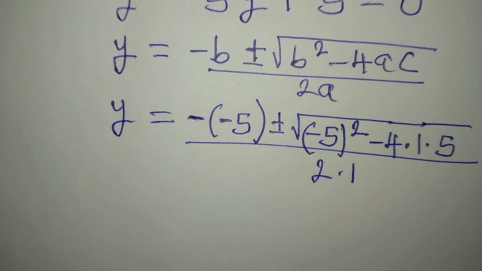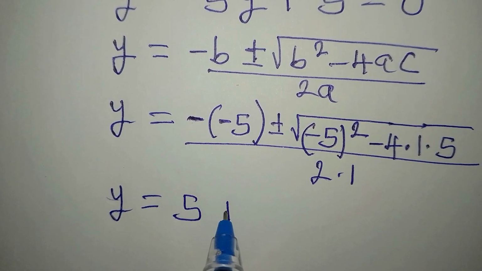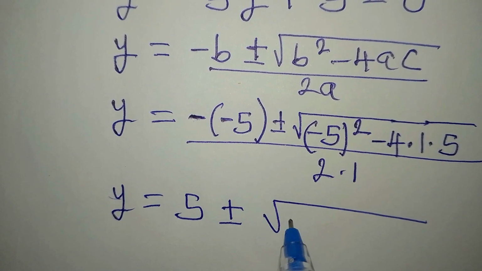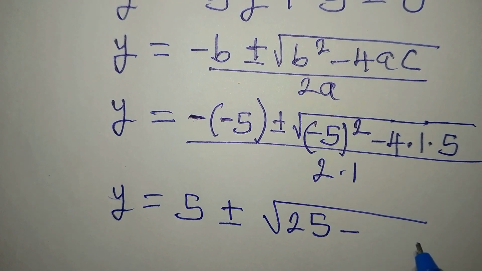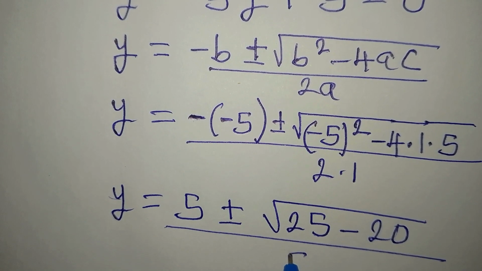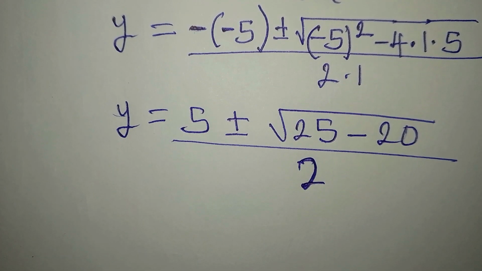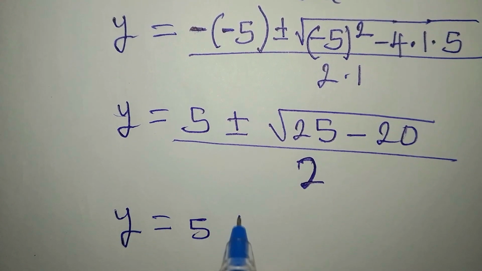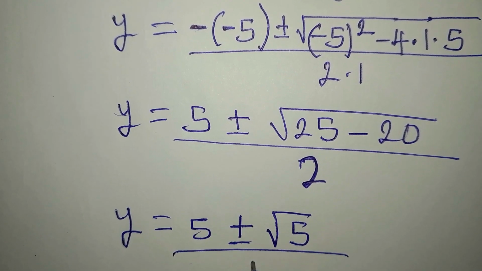Now to continue, our y will now be plus 5 plus or minus. Minus 5 in bracket squared will give us plus 25. Then minus 4 times 1 times 5, it's 20. Then we divide this by 2. If we want to go ahead, then our y will be 5 plus or minus the square root of 5, then we divide by 2.